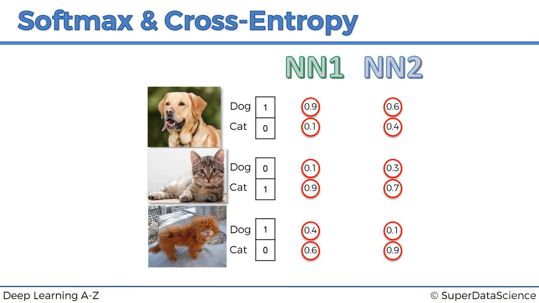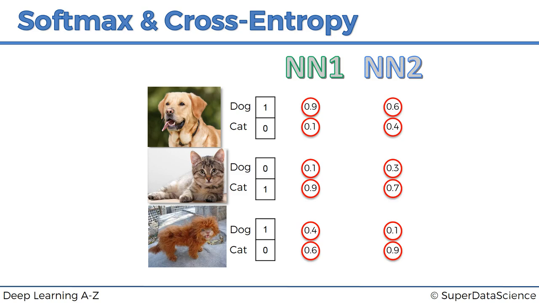So the key here is that even though both networks got it wrong in the last one, throughout all 3 images, neural network 1 was outperforming neural network 2. Even in the last case, it gave dog a 40% chance, as opposed to neural network 2 only giving dog a 10% chance.